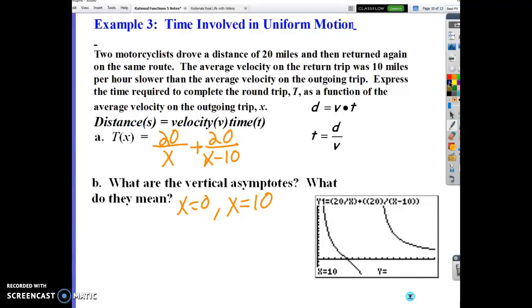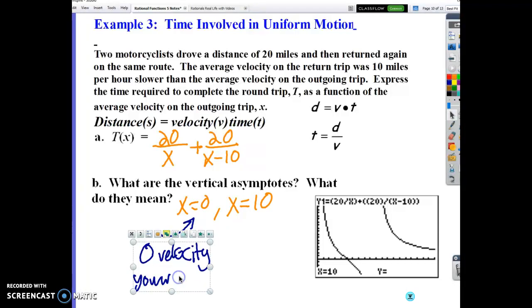So now you should have talked to a neighbor about what these asymptotes mean. Well, if your velocity was 0, you wouldn't be traveling, you wouldn't move. Now my pen's acting up. So you wouldn't move. So why do we have this vertical asymptote at x equals 10?